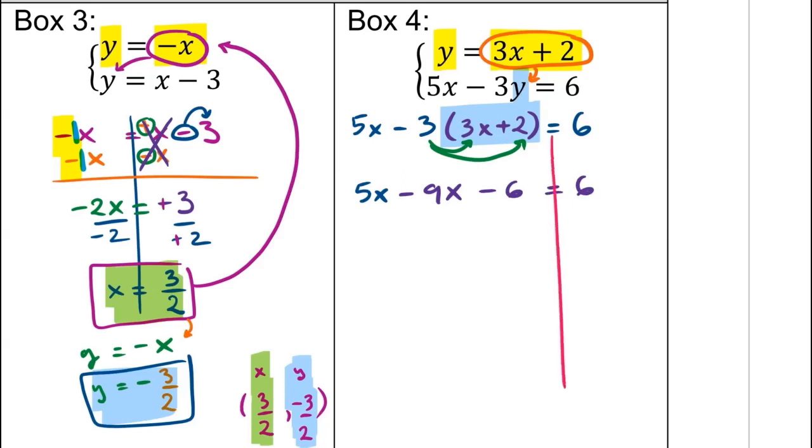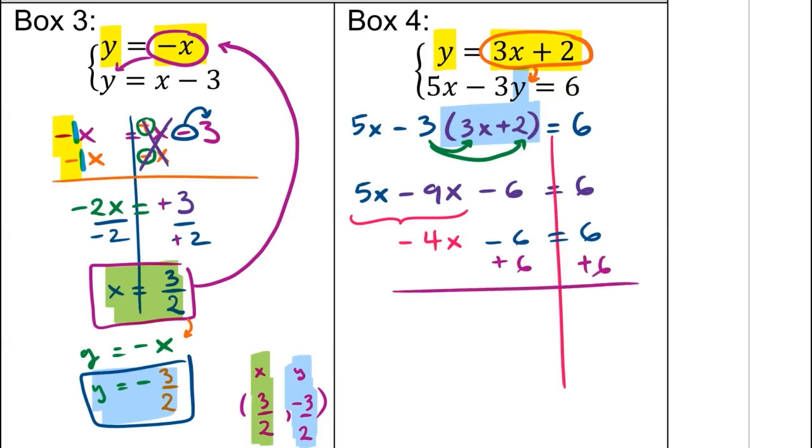Okay, now what is your next step? Think for a second, what is your next step to solve for x? Alright, if you answered combining like terms, that's the correct answer. 5x minus 9x is negative 4x. Then we bring down negative 6 equal to 6. Then to solve for x, we're going to add 6 on both sides to isolate the negative 4x.